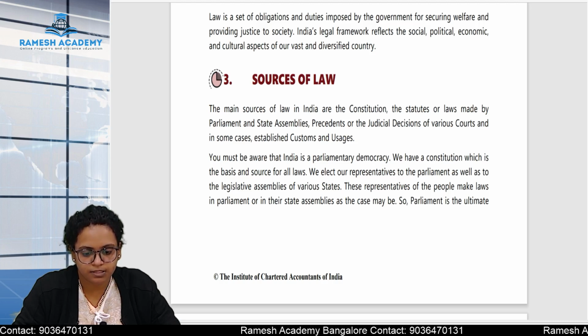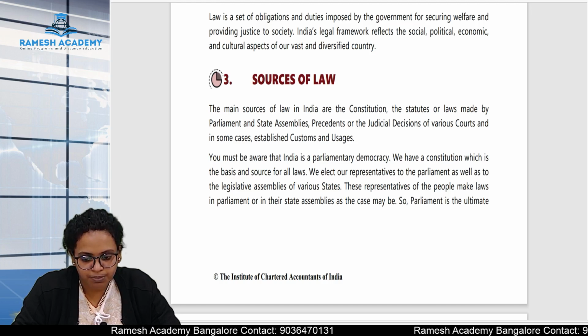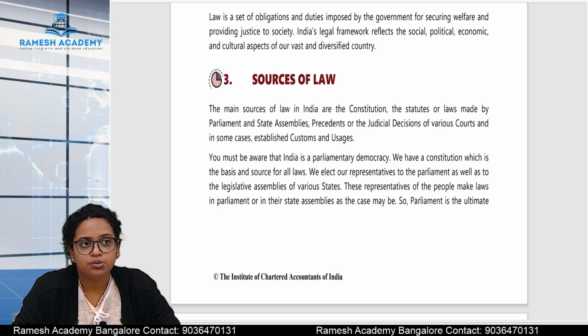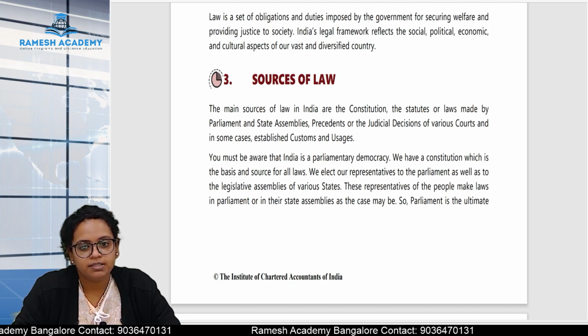We elect our representatives to the parliament as well as to the state legislatures of various states. These representatives of the people make laws in the parliament or their state assemblies, as the case may be.